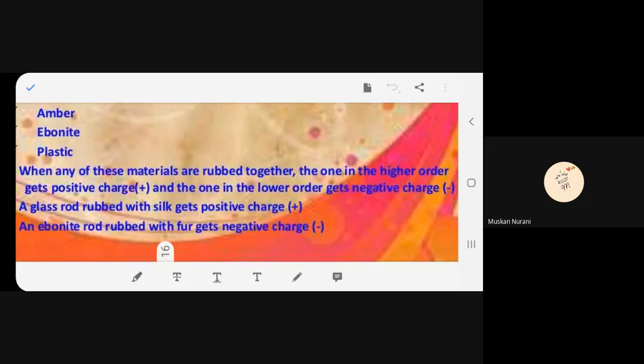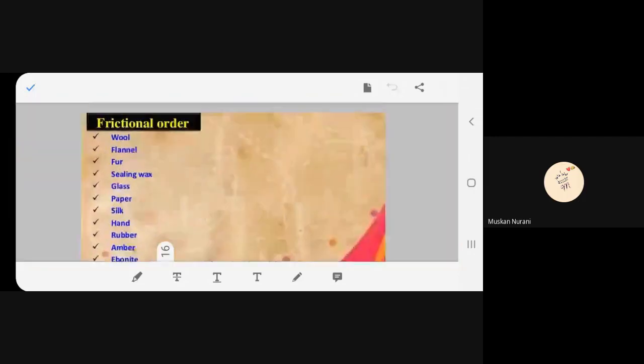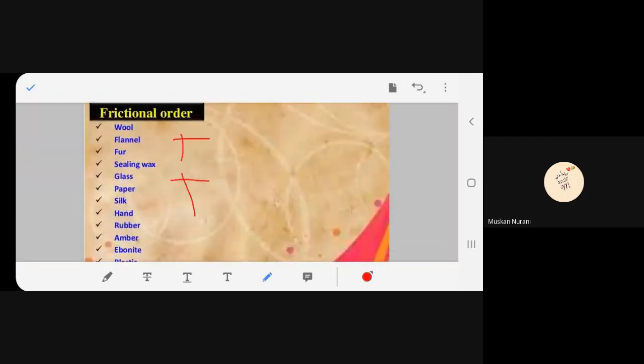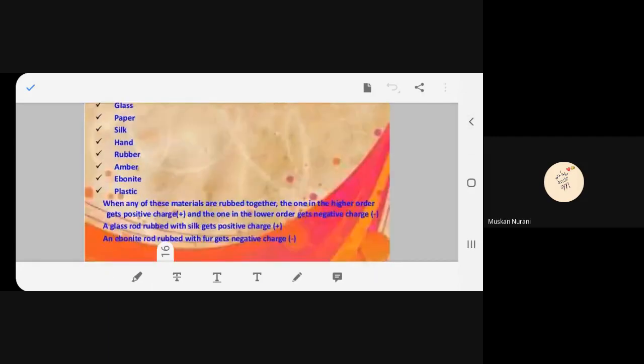So what we observed here is that all these are positive, but when we come down, these become negative. Is it clear now? So it's in the order. Starting it's positive, then it becomes negative. Any problem?